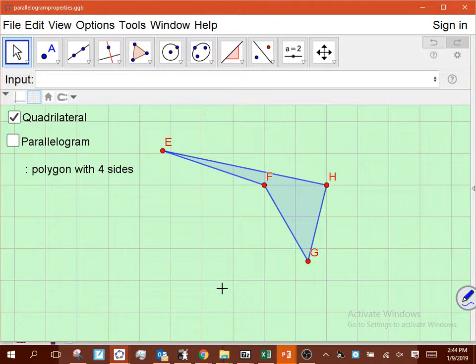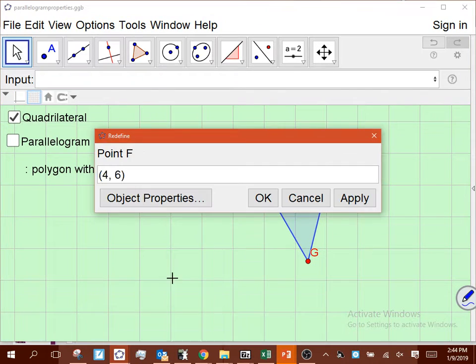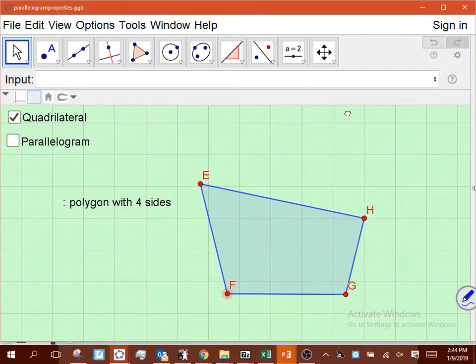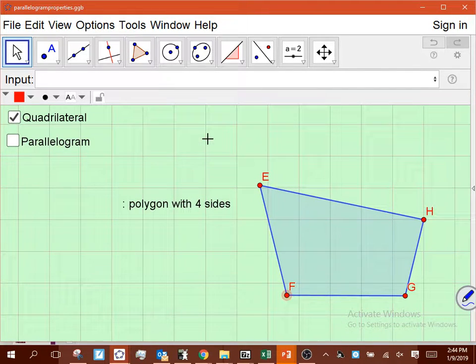What's the definition of quadrilateral? Four-sided polygon, right? Yeah, okay. But is that also a four-sided polygon? Yeah, okay, so that is a quadrilateral as well.